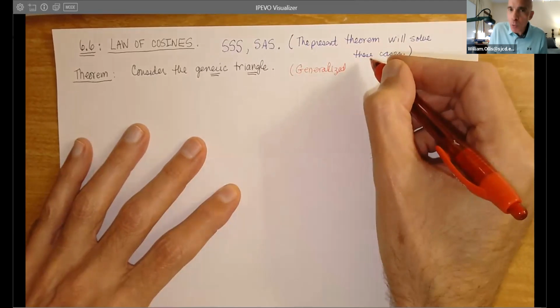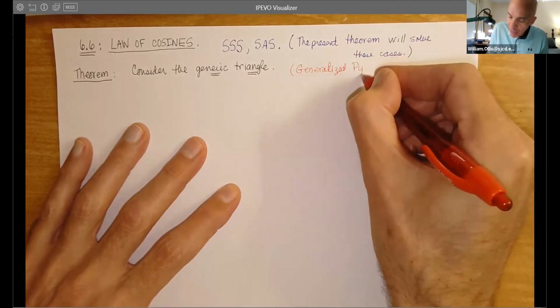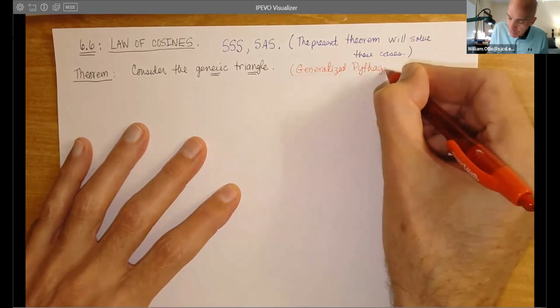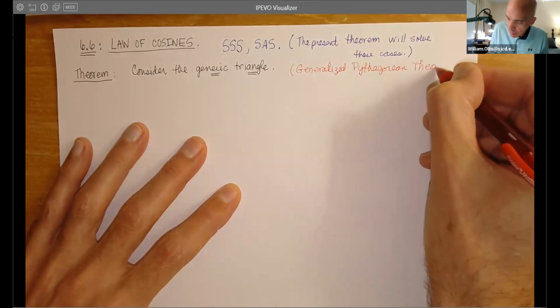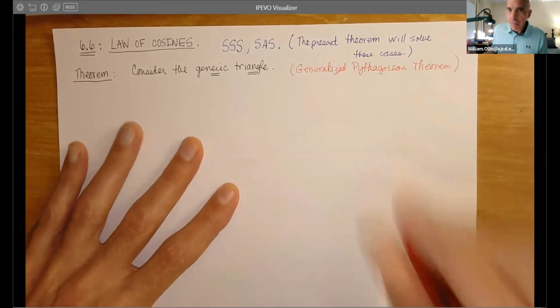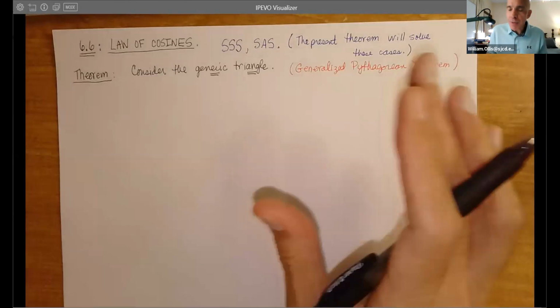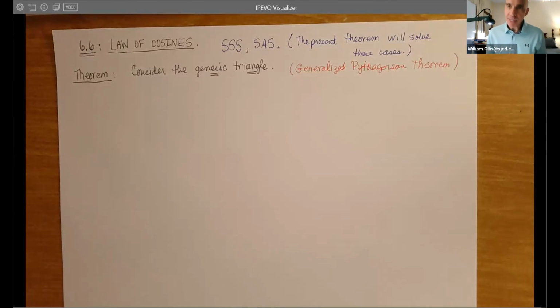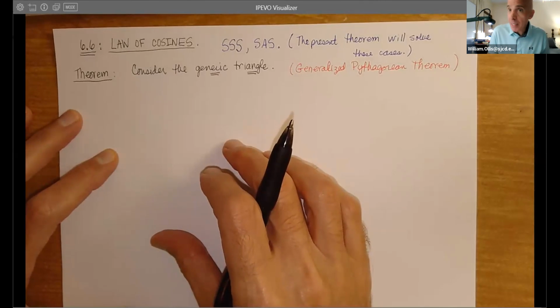So when I write the equations, they're gonna look very familiar. Generalized Pythagorean theorem. So when we think about how things are related, the Pythagorean theorem is a linchpin for what we do. And so we're gonna make it even better.